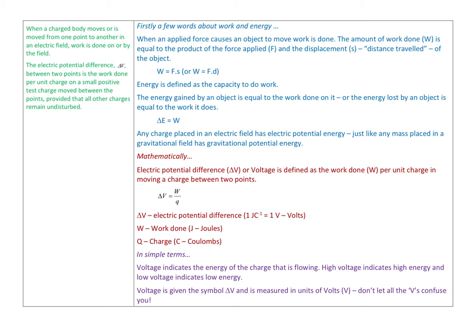The voltage of a charged particle moving through a 240 volt mains circuit is much higher, so those charges will have much more energy than the charges coming from a 1.5 volt battery in the remote control of your television or something like that. So that is voltage. Let's keep moving.